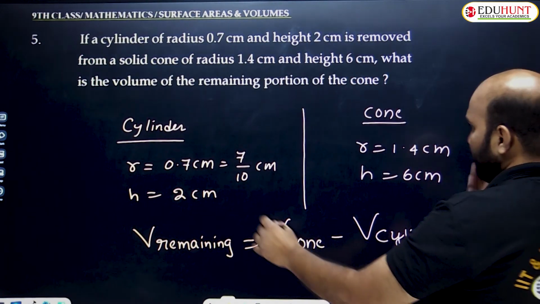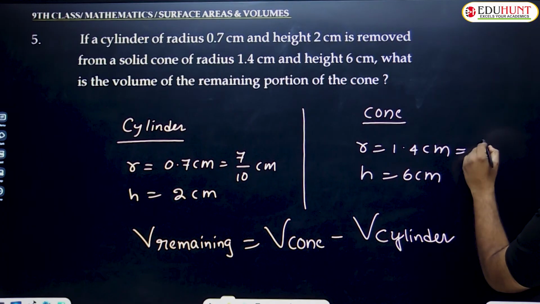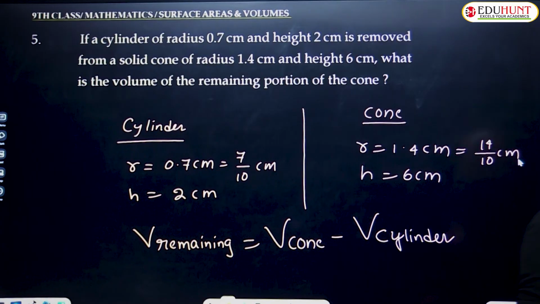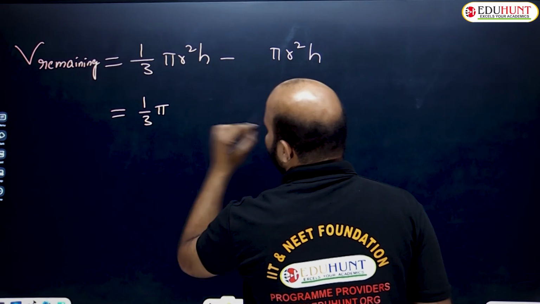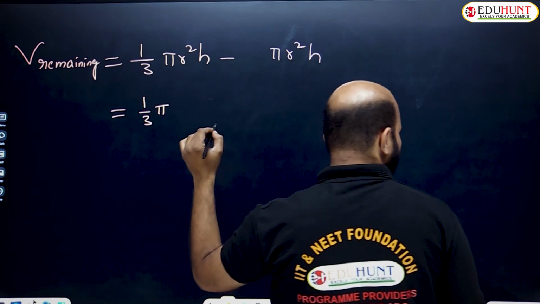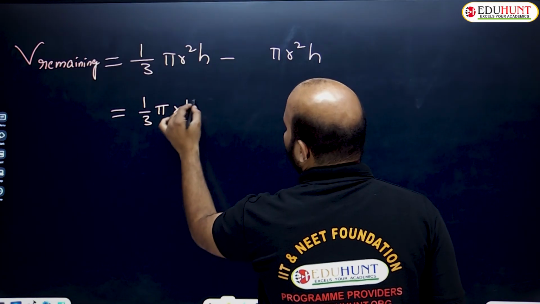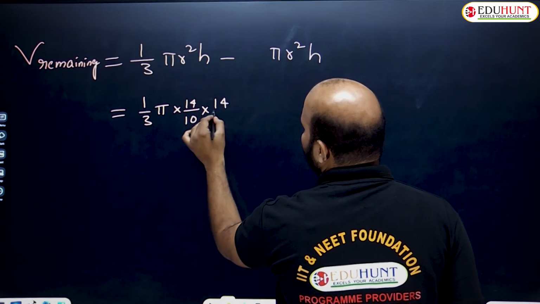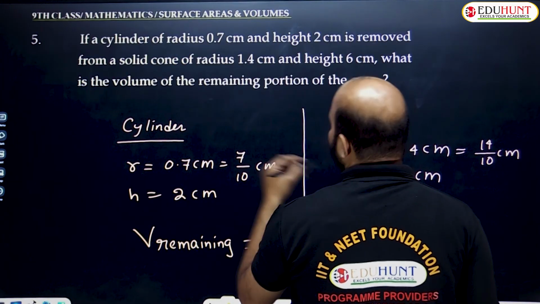Here for the cone, radius 1.4 centimeters can also be written as 14 by 10 centimeters. So 1/3 into pi, 14 by 10 squared, which is r square, into height. The height of the cone is 6 centimeters.